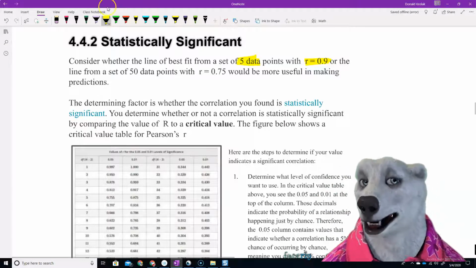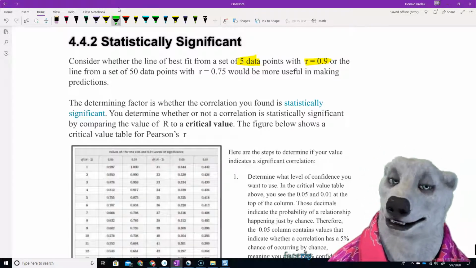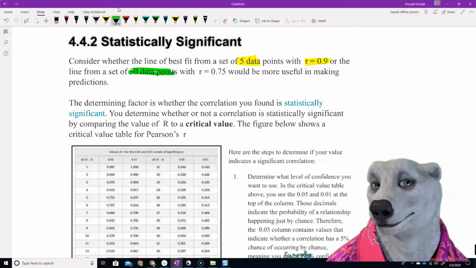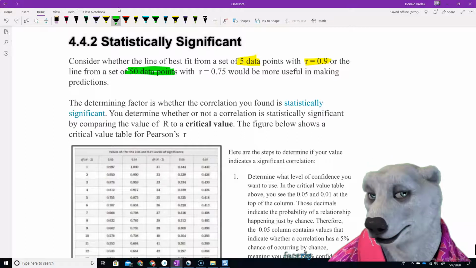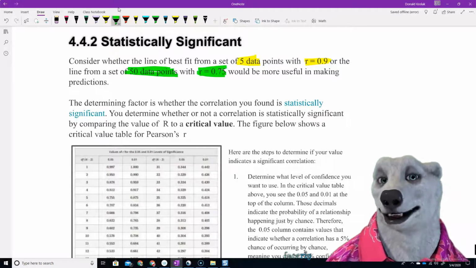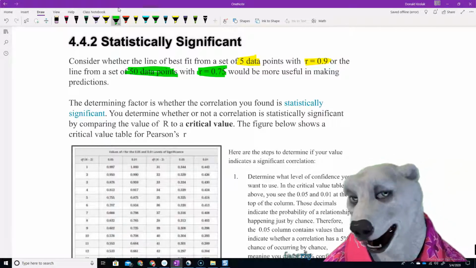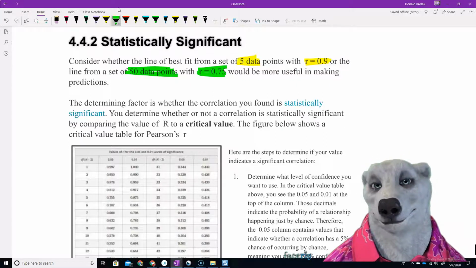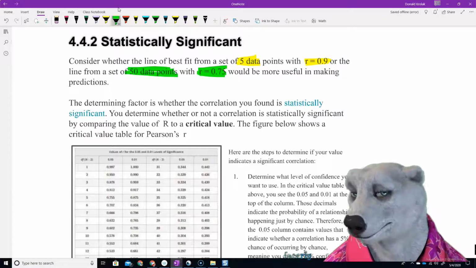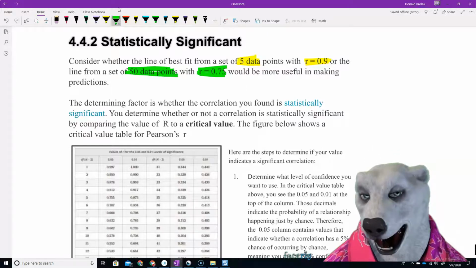All right, now, would that be more useful for making predictions than if you had 50 data points? So a lot more data points, but a lower correlation coefficient. Which one would be more useful for making a prediction? All right, so the way that we determine that is this concept of statistically significant.